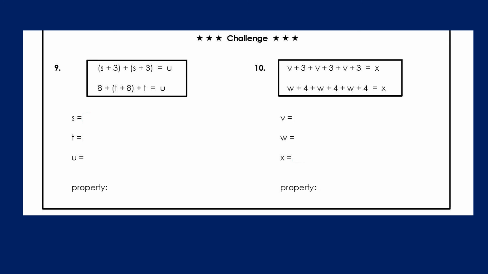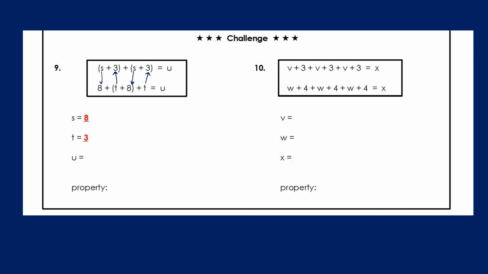What you'll see here is that we have different things lining up. So the s's line up with the 8's, and the t's line up with the 3's. You can see that. So the S's equal 8 and the T's equal 3.